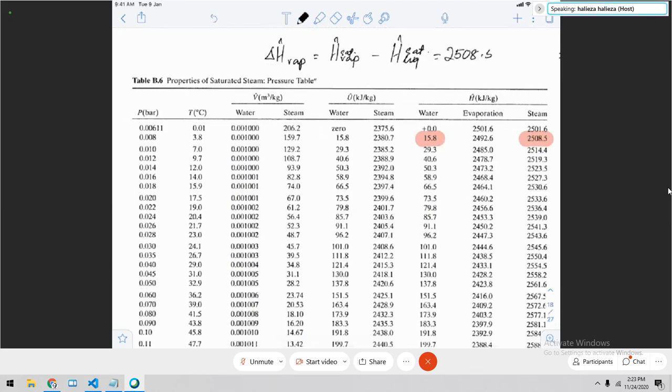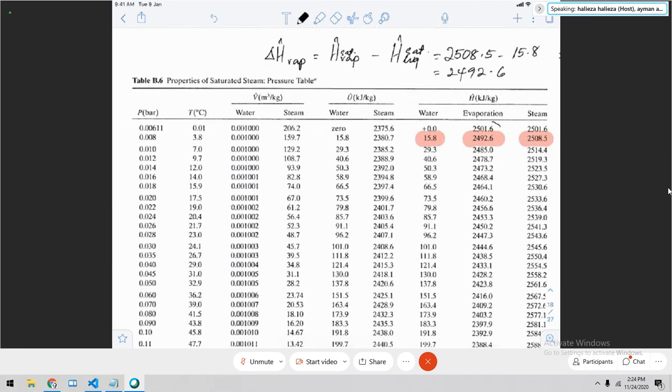If you look at these values that we have here, 2508.5 minus 15.8, will it be the same as that value over here? Will you get the same? Will it be 2492.6? Isn't it? Yes.